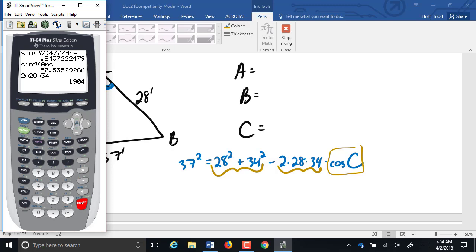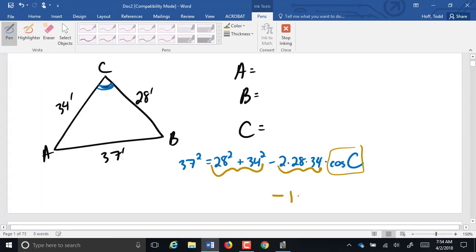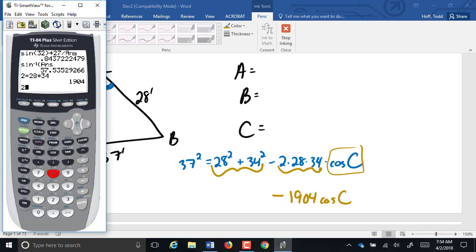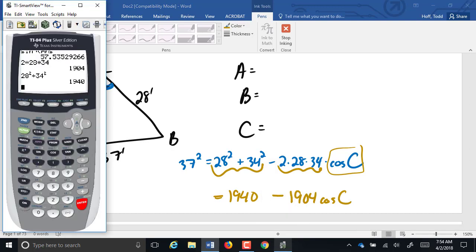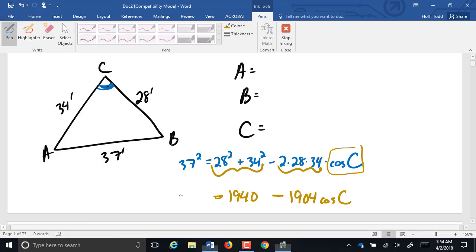That's going to be 1904. So this will be minus 1904 cosine C. These two can be combined, 28 squared plus 34 squared, 1940. On the left side, I got 37 squared, 1369.